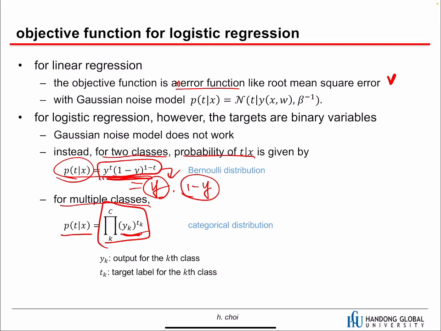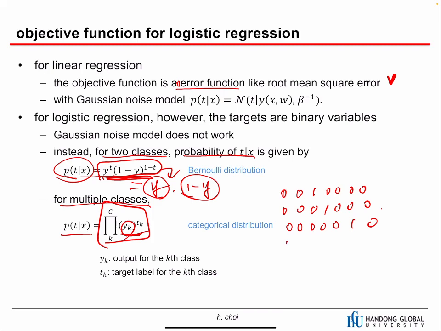With 7 classes it looks like 0, 0, 1, 0, 0, 0, 0, or 0, 0, 0, 1, 0, 0, 0. If the target class is the 6th class, then it should be 0, 0, 0, 0, 0, 1, 0. And y sub k is the estimate of the model.